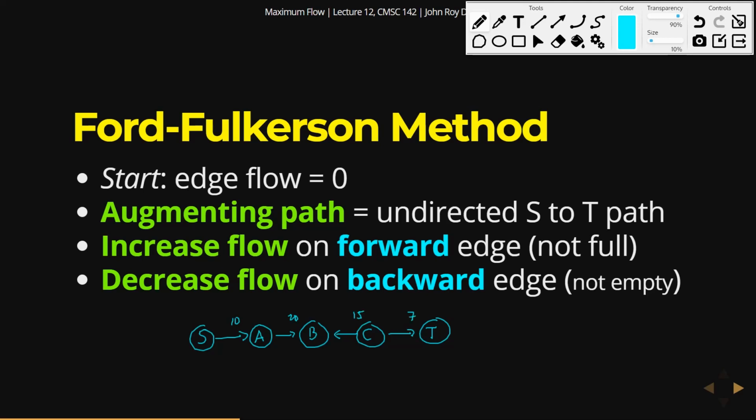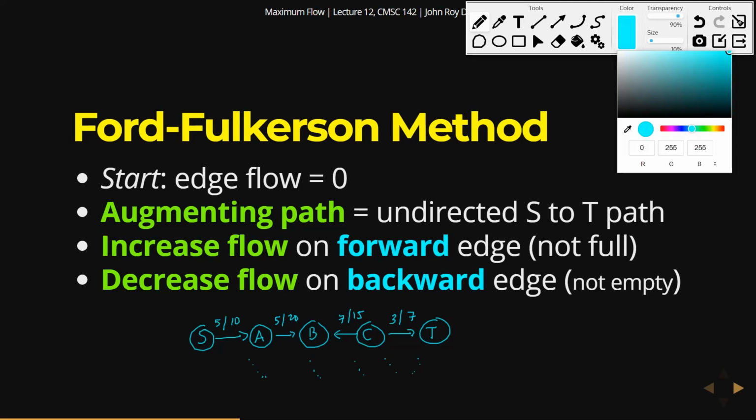And let's say there's already a flow, let's say 5 here, 5 also here, this one already has 7, and this one already has 3. Of course there are other parts of the graph that are not shown, but let's say those are the current flows for each edge.